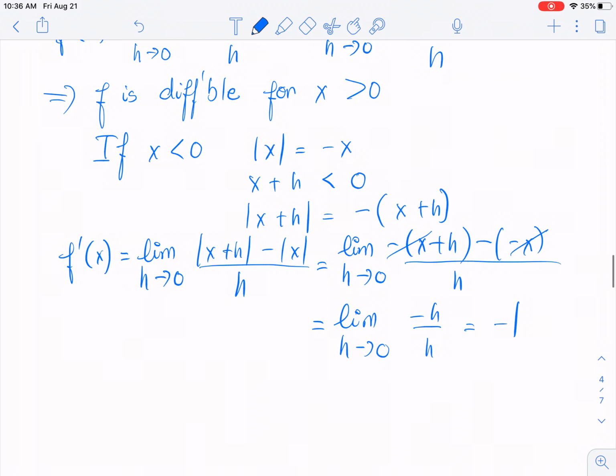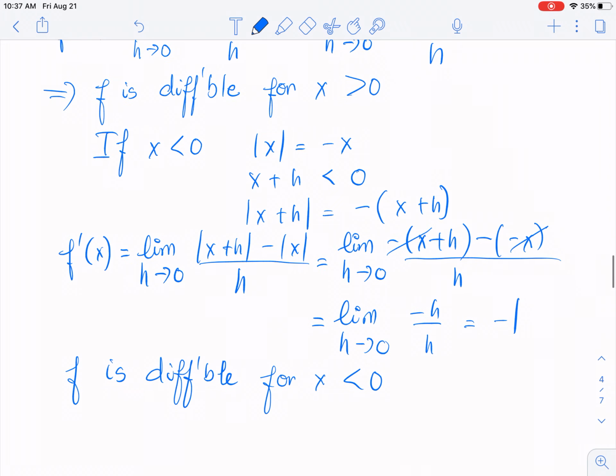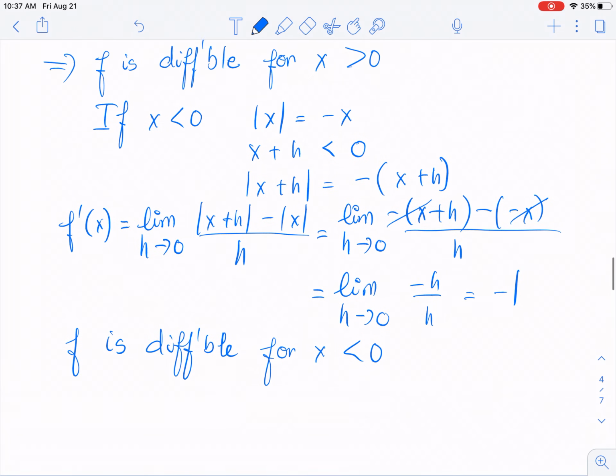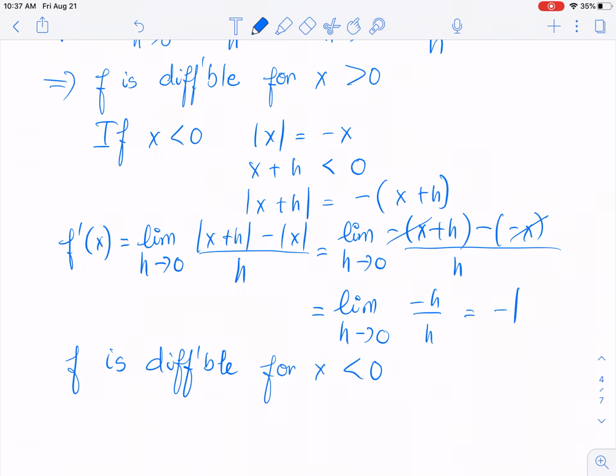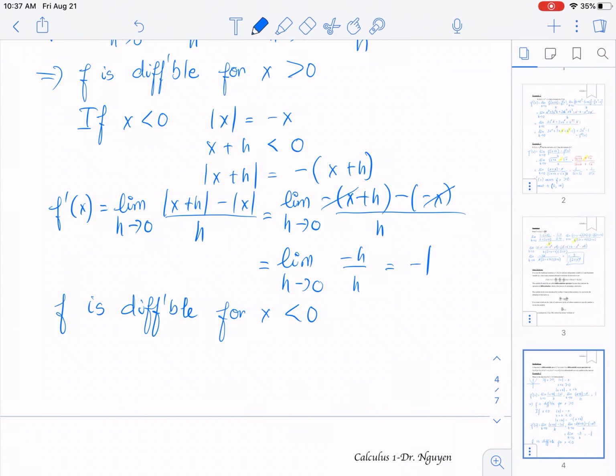So we do have an f prime. So f is differentiable for x negative. Now, because I checked positive and negative, I have to check when x equals 0. That's important as well.